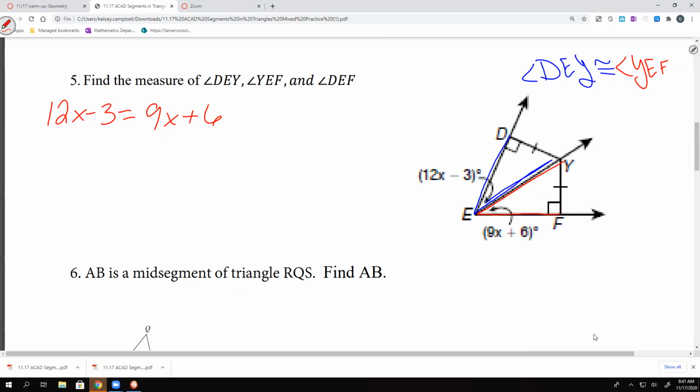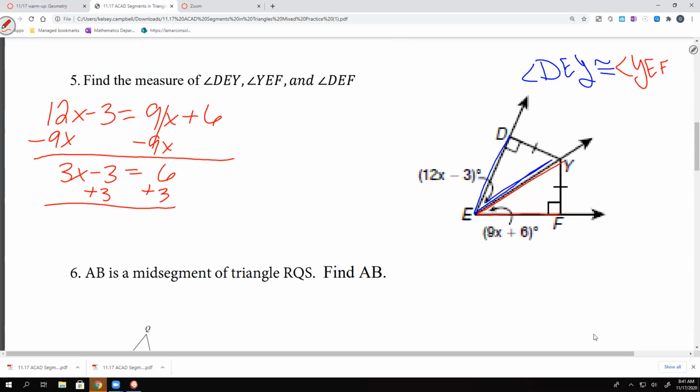How am I going to move it? Subtract. Yep, very good. Minus 9x, minus 9x. Okay, so 12x minus 9x is 3x. We still have minus 3 equal to 6. Right, add 3 to both sides. So 3x is 9. So divide by 3, right? So x is 3.